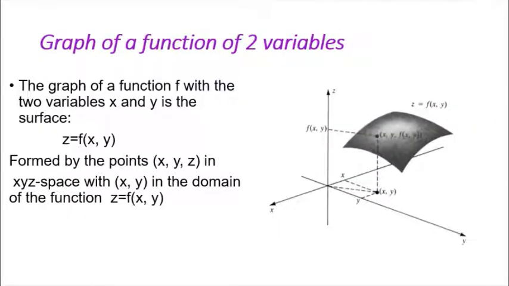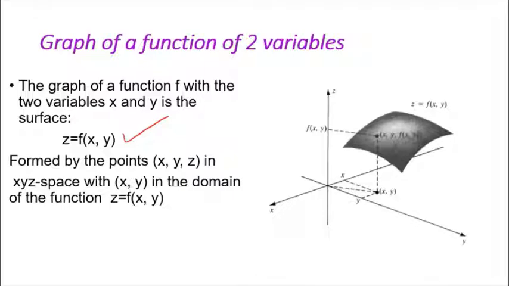Here we can see how the graph of a function of two variables appears. If you take a function z is equal to f of x, y, there are two independent variables and one dependent variable, so totally the variables are 3. But z is dependent and x, y are independent variables.